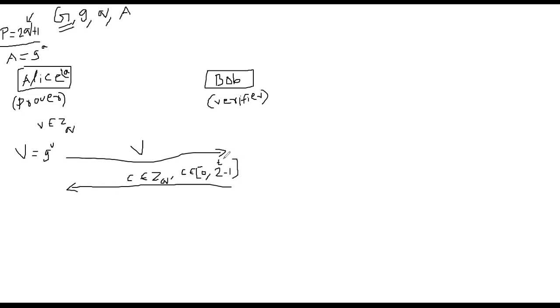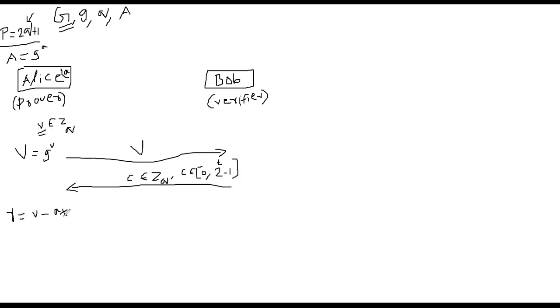And what will Alice do with that C? She's going to compute a small r, which is nothing but v, small v, only she knows the small v, okay, minus her own private key, small a, and the C that she received from Bob.